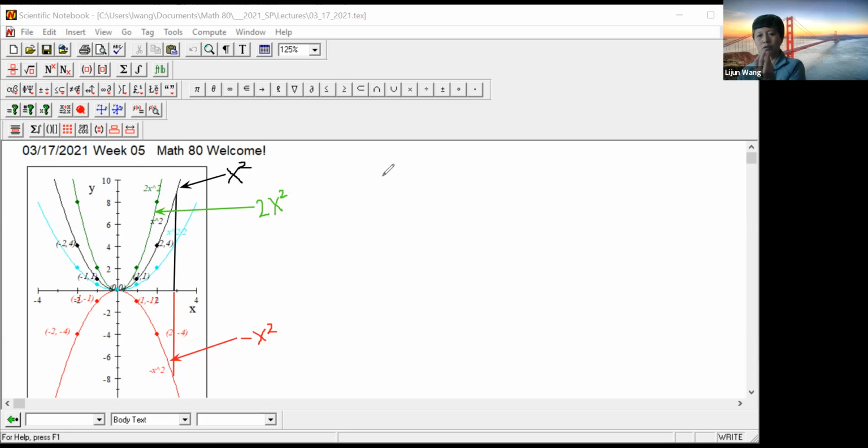It becomes thinner compared to x squared. And last but not least, this color right here, this guy is half of x squared.